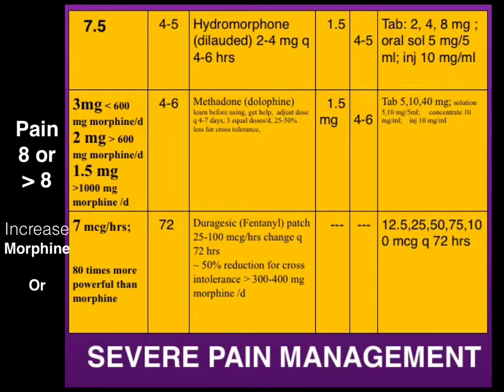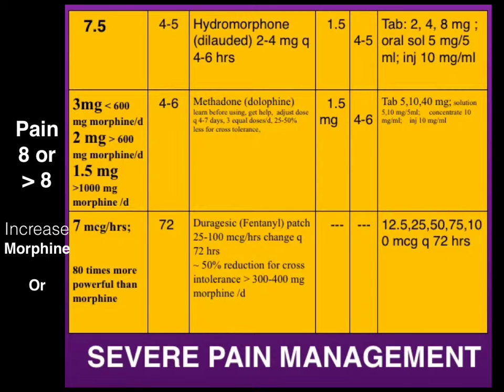And if you want to know the ratio, for less than 600 milligram of morphine, ratio is 10 to 1. 10 milligram of morphine equal to 1 milligram of methadone. Then ratio is 15 to 1 if the person is taking 600 to 1000 milligram of morphine per day. Over 1000 milligram of morphine per day, ratio is 20 to 1.